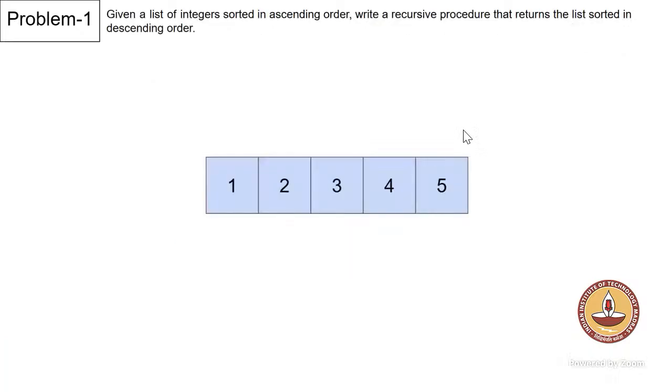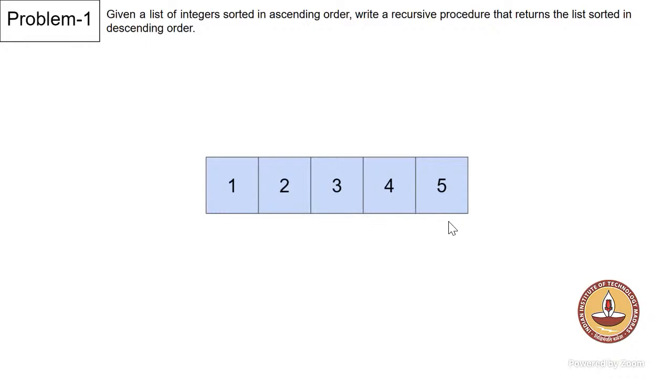Given a list of integers sorted in ascending order, write a recursive procedure that returns a list sorted in descending order. Let us take an example, a list that contains the numbers 1, 2, 3, 4, 5.